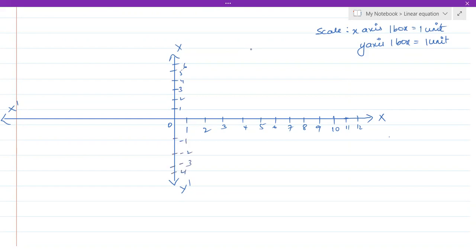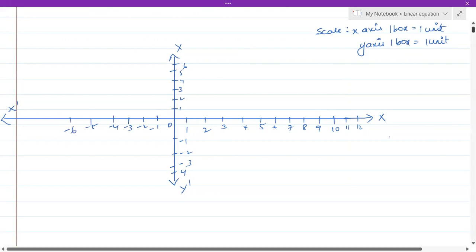So let me write everything: -2, -3, -4, -5, -6, and so on.